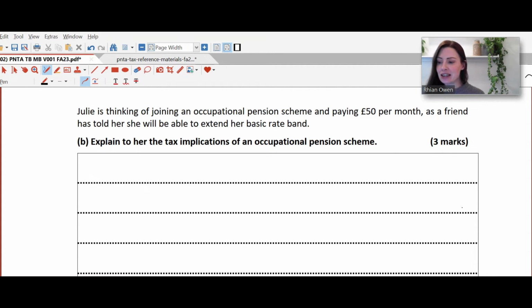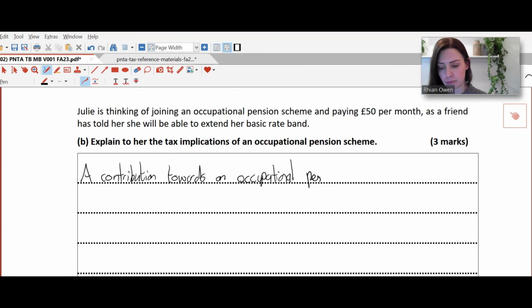So we need to say something along the lines of that a contribution towards an occupational pension will not increase your basic rate band.